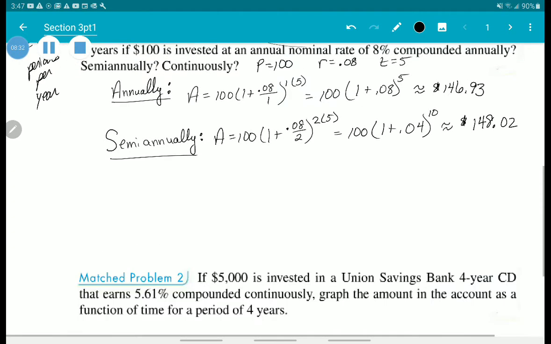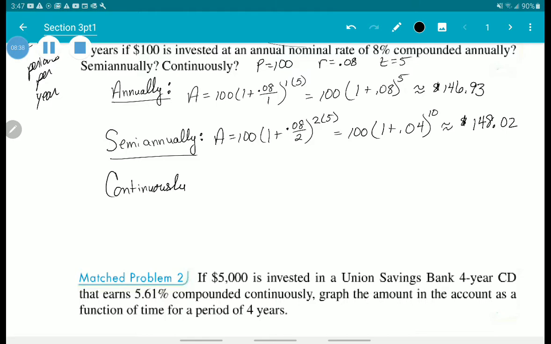And then let's look at continuously. That's where we're using, I like to call it the PERT formula. Principal is 100. Interest rate is 0.08. Time is 5.